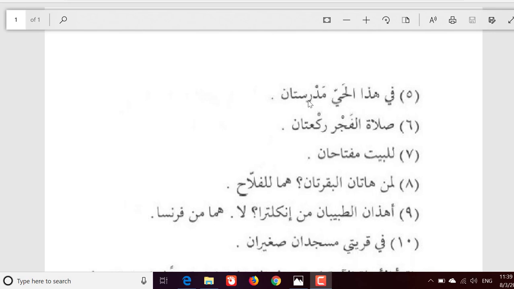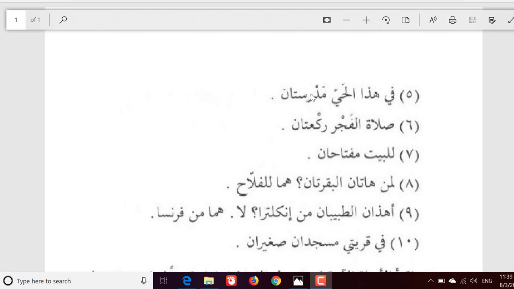Okay, so madrasatani means 2 schools. Madrasatun is 1 school or a school, but madrasatani means 2 schools. So notice number 1, that this aleph and the noon is what makes this dual, okay? And then notice that we're going to end it with a kesra, okay? We end it with a kesra because it's in the dual form.